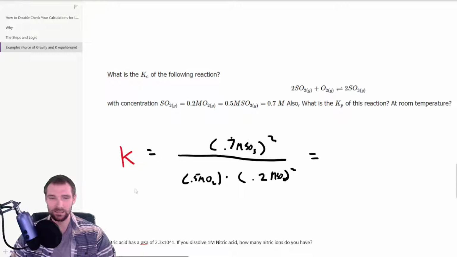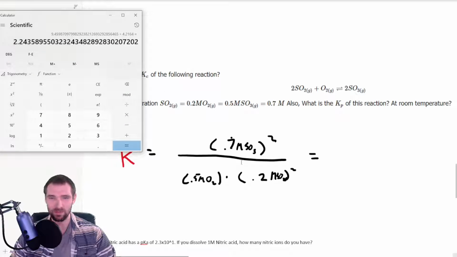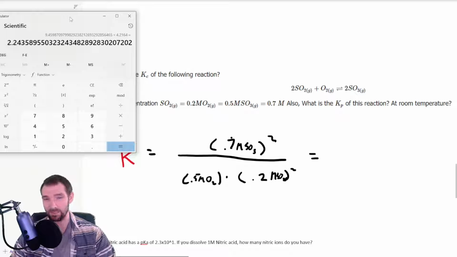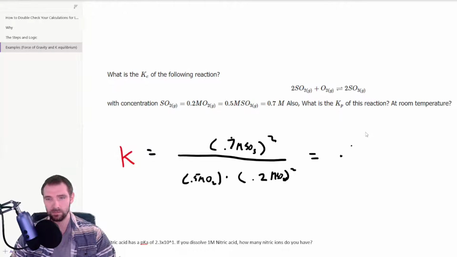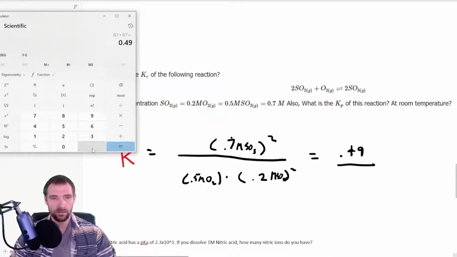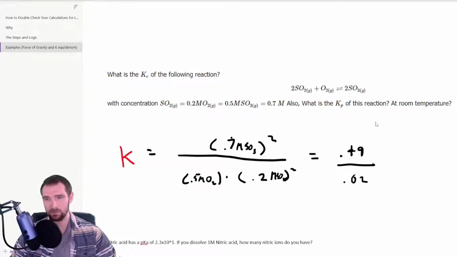It might be easier to do without any of the estimating, because these numbers are pretty small, but sometimes these can be very small or very big numbers, and it would be very, very helpful. So if I just do this calculation, I'm just curious, if we do 0.7 times 0.7 on the top, we get 0.49, and then 0.2 times 0.2 on the bottom times 0.5 is 0.02.